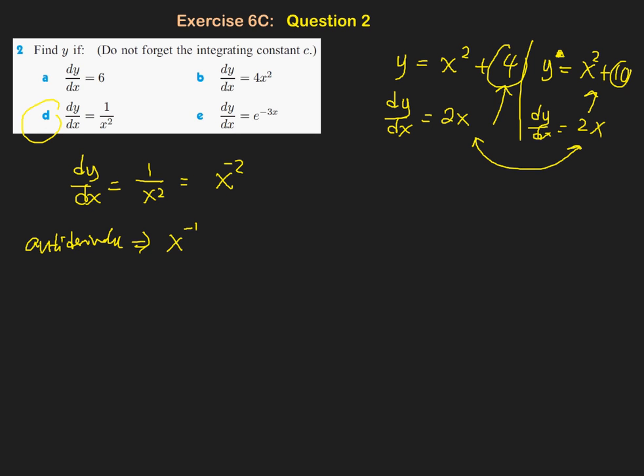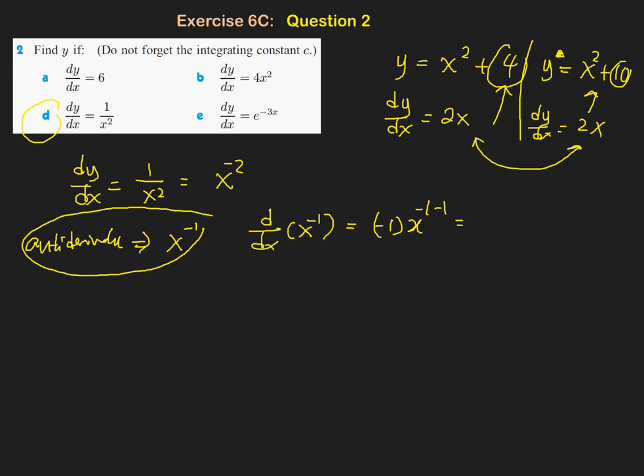Let's differentiate this. So this is a thinking part, okay? We try to differentiate this, which is always a more common way to say it. Doing this, you get negative 1, copy the negative 1 in front, x minus 1, you get negative x to the power of negative 2. And so that means we want to make this balance.